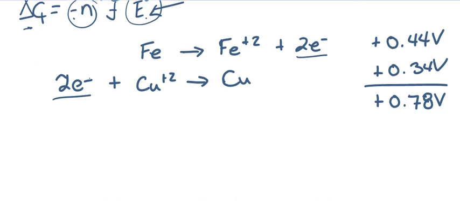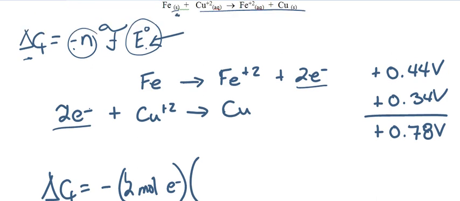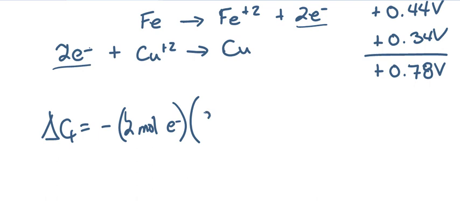So our delta G is equal to the negative number of electrons, so 2 moles of electrons. Faraday's constant, the F here, is 96,500, and that's coulombs per mole of electrons.